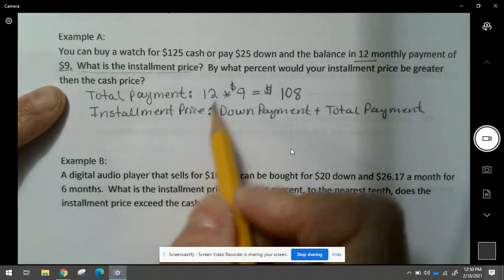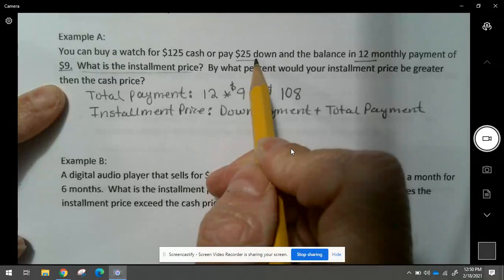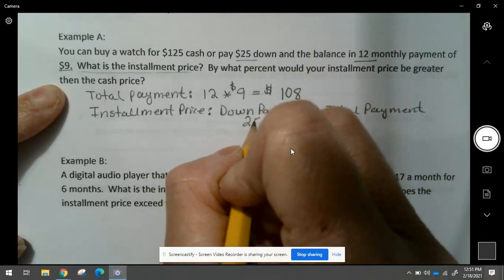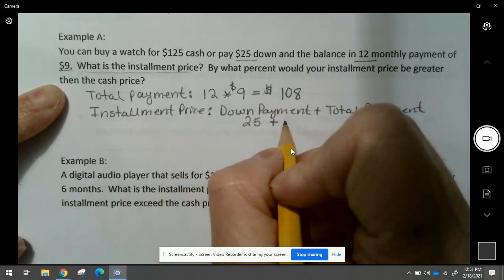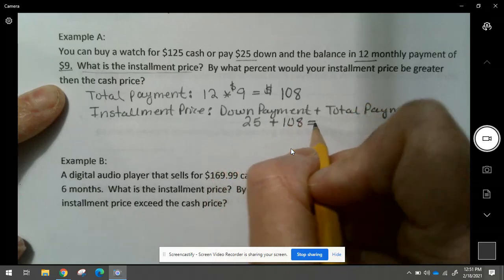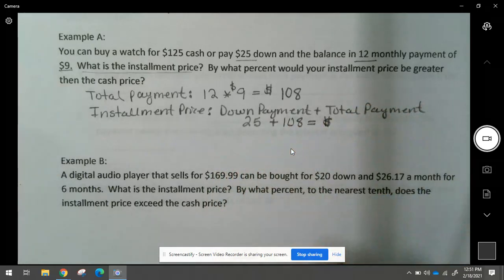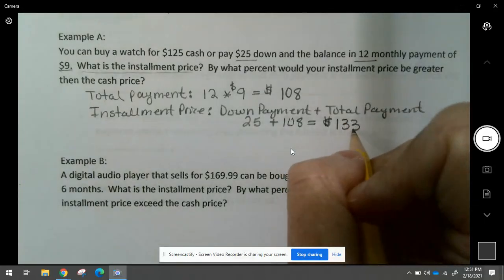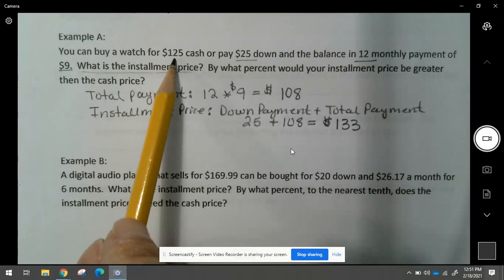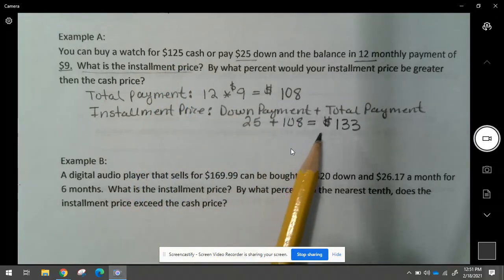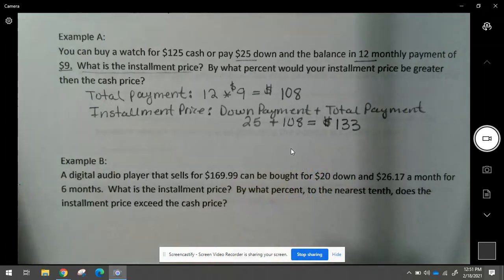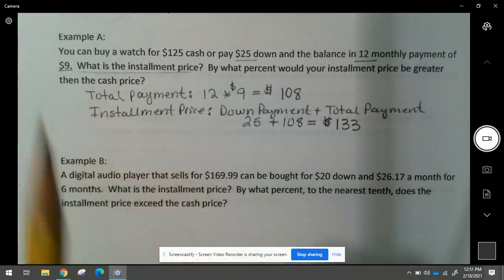So if our down payment here is $25, we're going to take 25 plus our total payment of $108 to get this installment price. And when I do that addition, I get $133. So an item that was supposed to be $125 cash, I'm going to end up paying $133 when I do it in installments. So I'm paying a little bit more to spread it over so many months.